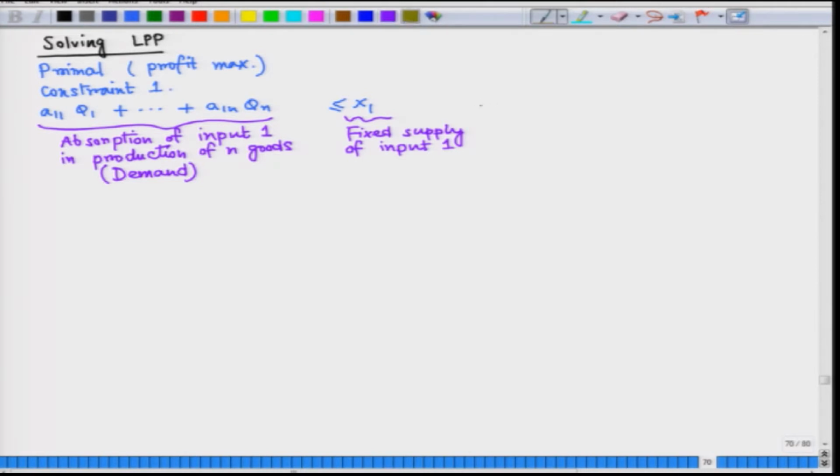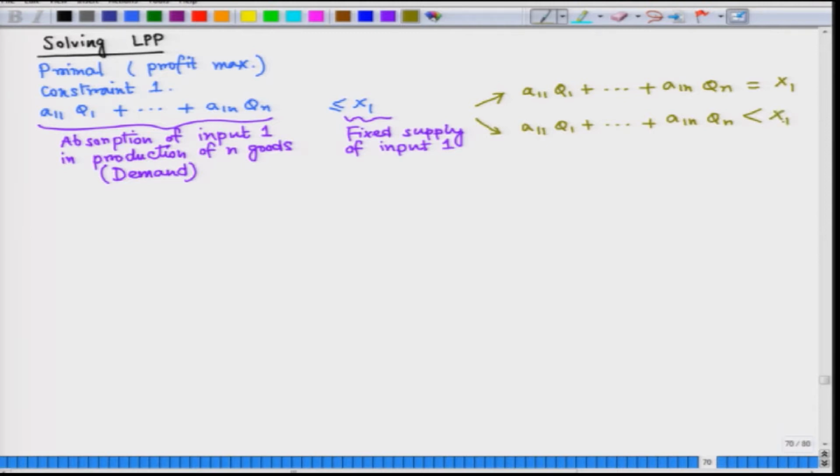Of course, possibility number 1 would be that A11 Q1 plus ... plus A1n Qn is equal to X1, and the other possibility which could arise is the following: A11 Q1 plus ... plus A1n Qn is less than X1.